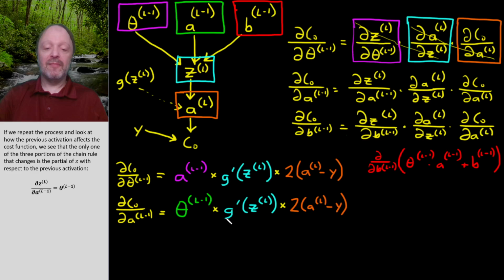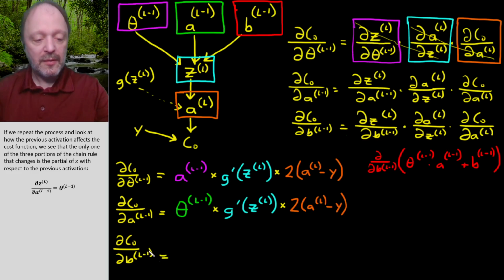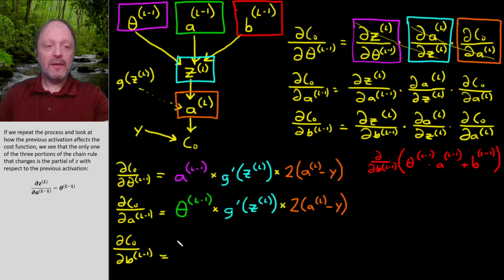It's just a 1. So if I come over here, finish this up, I've got the partial of the cost function with respect to the previous bias. That is going to be 1, that's just a plain old 1, times, and then I've got the two pieces.